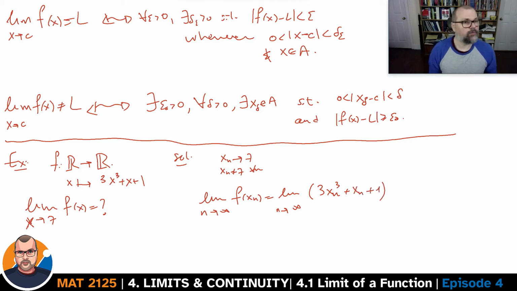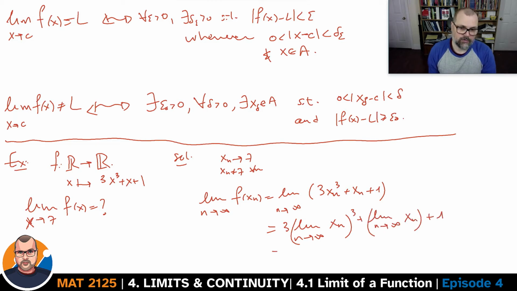And here you use the properties of sequences and limits to show that this would be 3 times the limit as n goes to infinity of xn squared plus the limit as n goes to infinity of xn plus 1, which will be 3 times 7 squared plus 7 plus 1, independently of what the sequence would be.